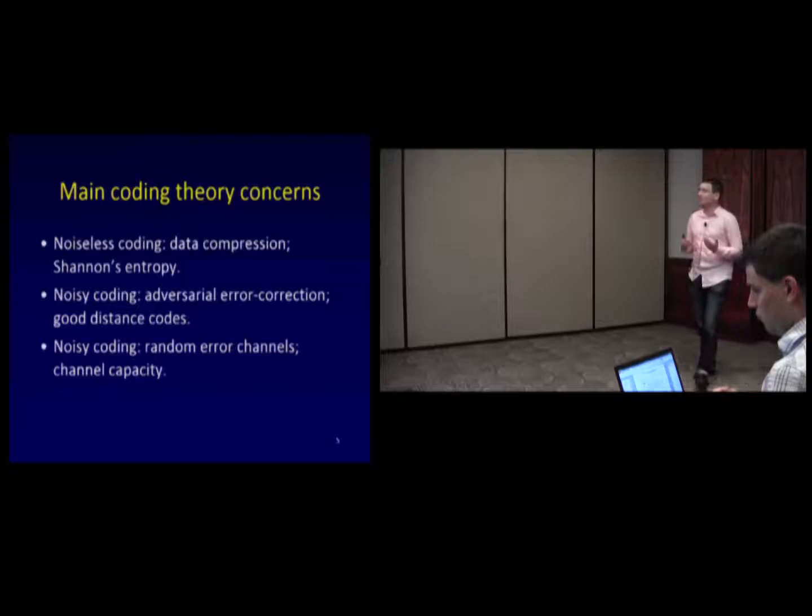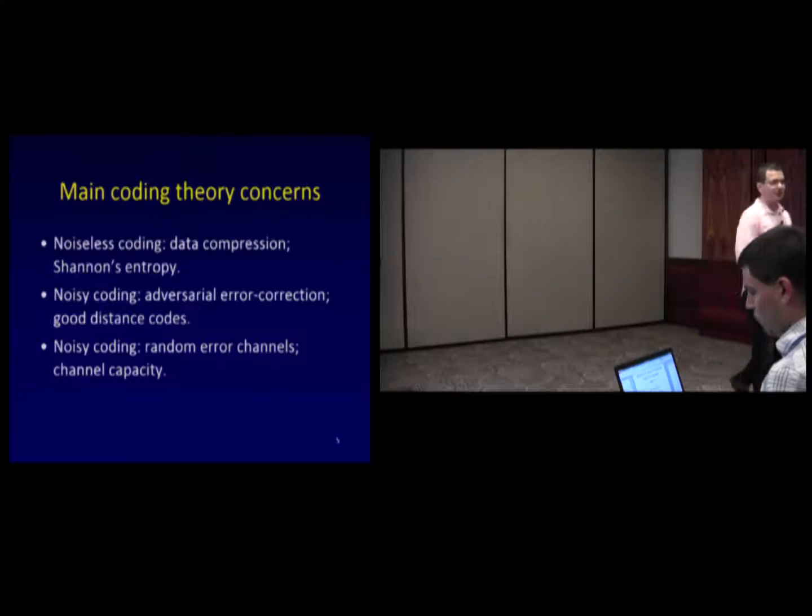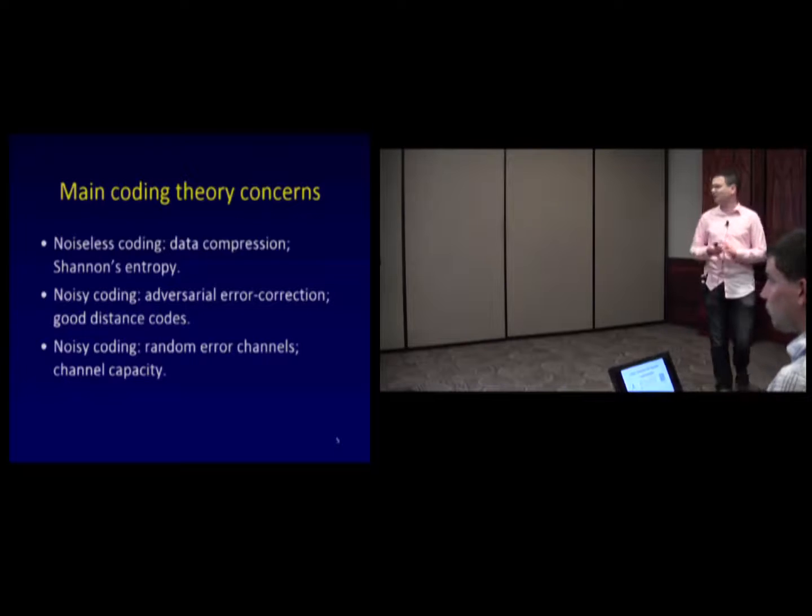There's a whole field of study which studies this scenario, and the main concerns for it are, so one set of concerns has to do with the noiseless scenario. So this is Shannon's entropy, data compression. Imagine you don't have noise, what can be done? And then there is noisy coding, and two pretty different flavors.